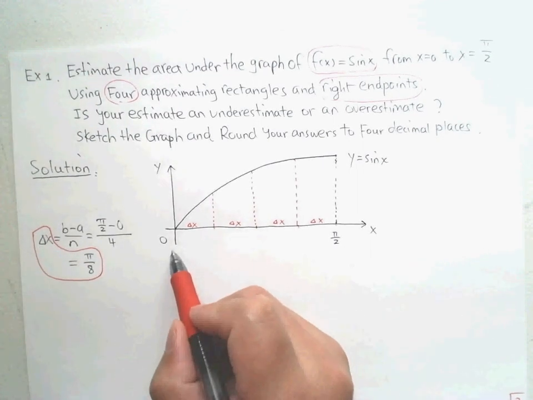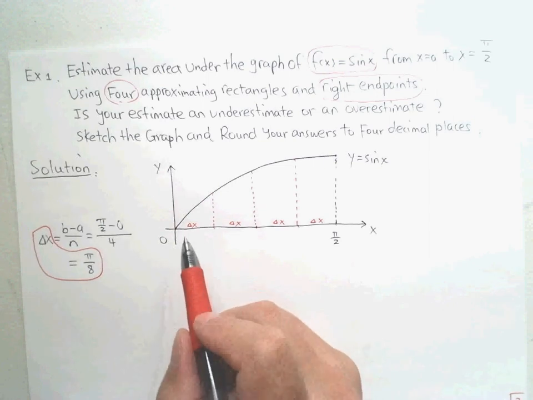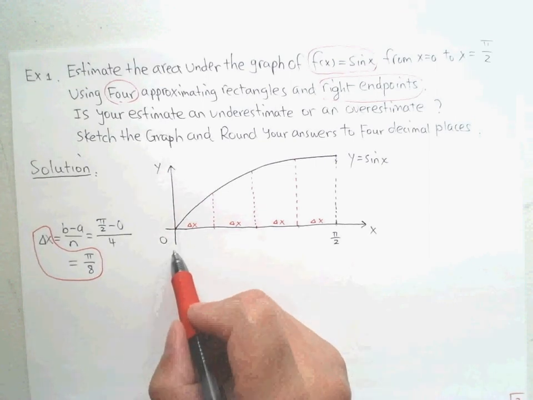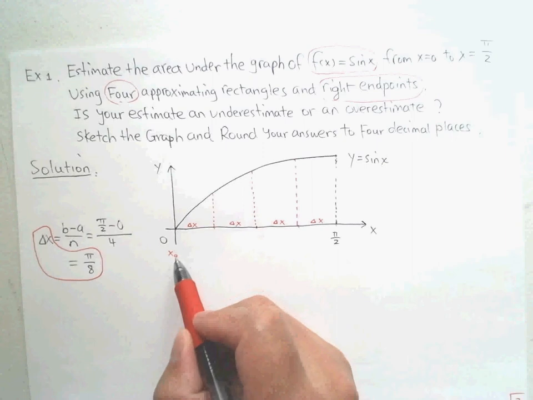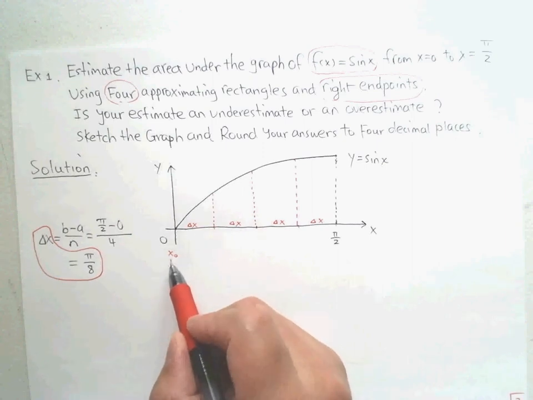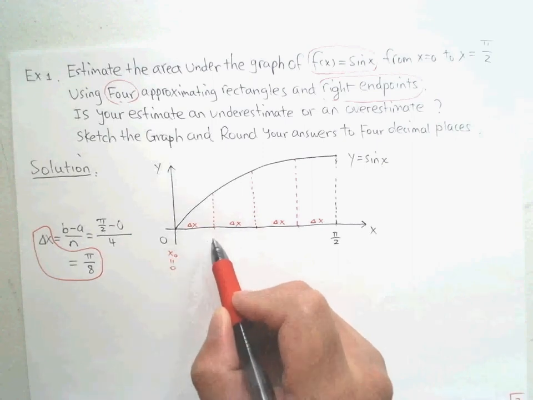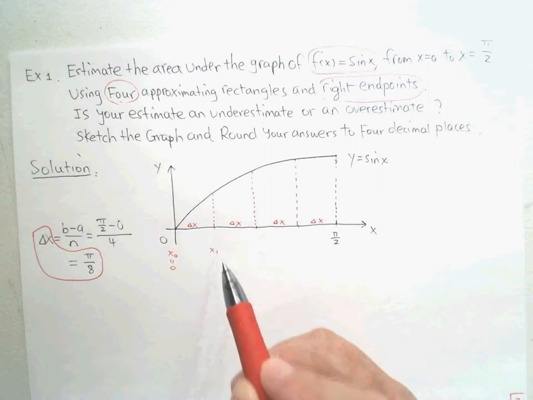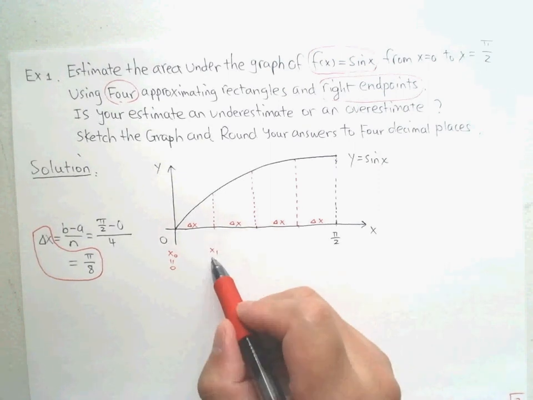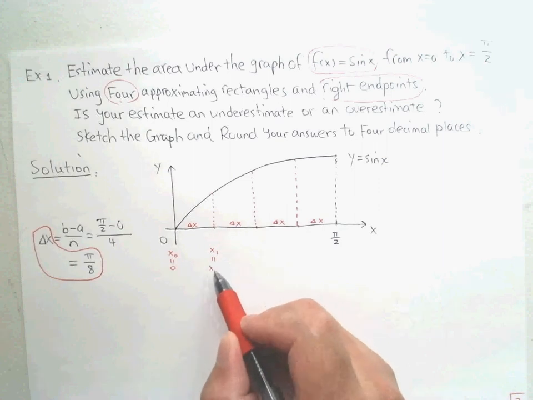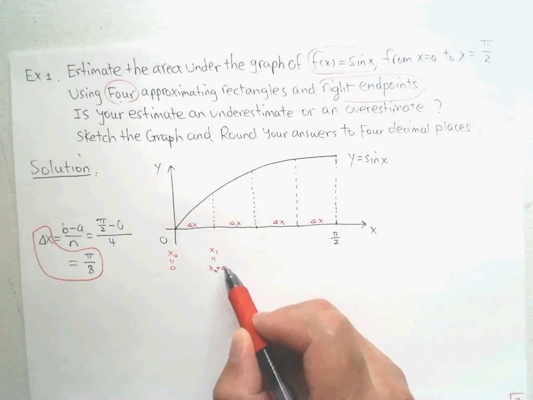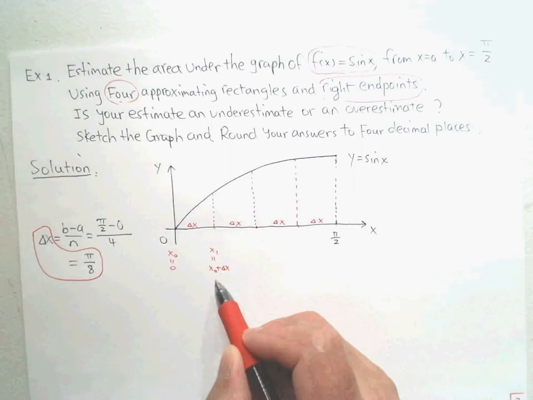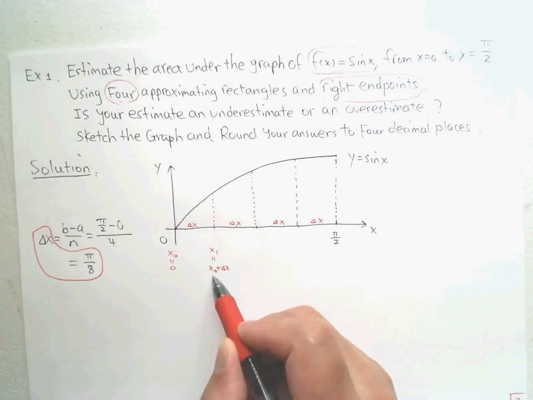Okay, delta x is here. So if I say this is x0, x0 is 0, right? So what is x1? I calculate x1. x1 is x0 plus 1 delta x.